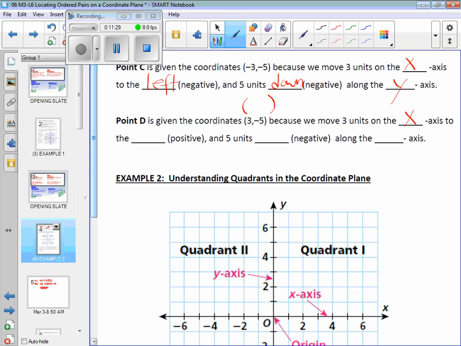Right. And 5 units, up or down? Down. Negative 5, it's down. Along which axis? Okay, that takes care of 4.